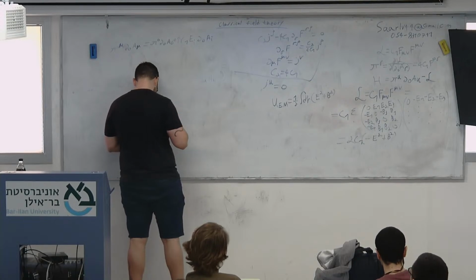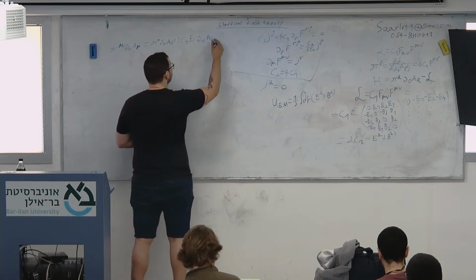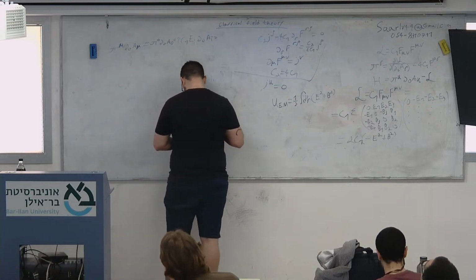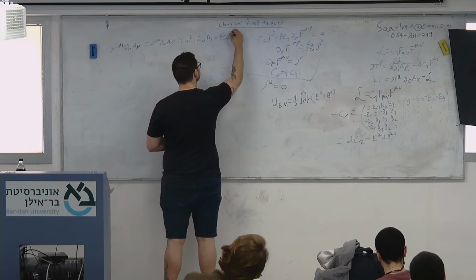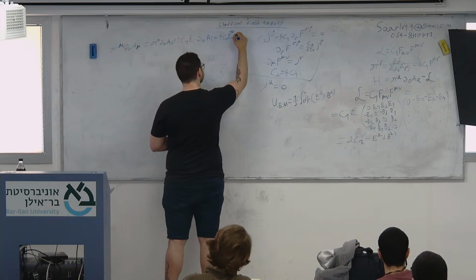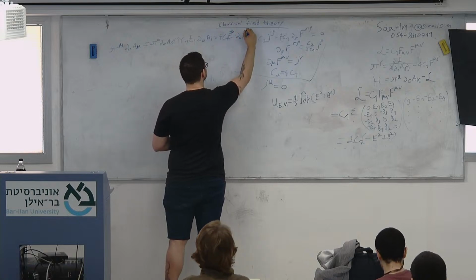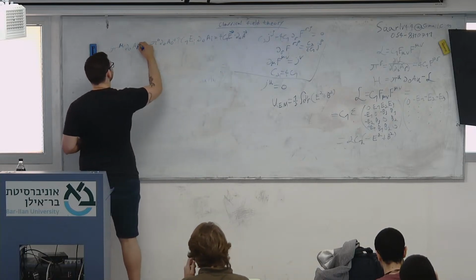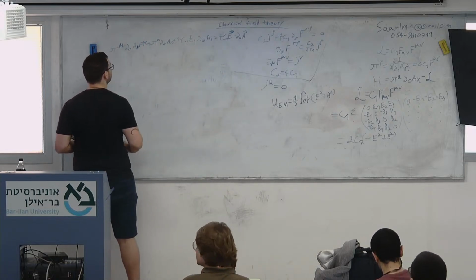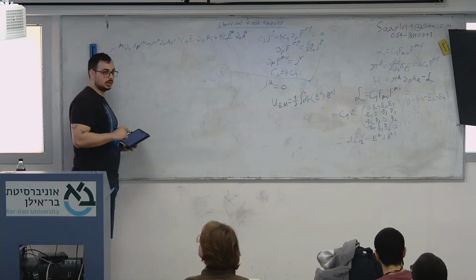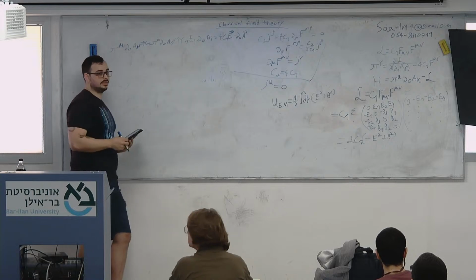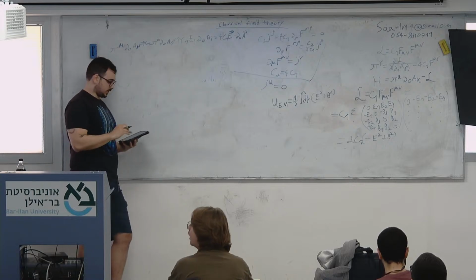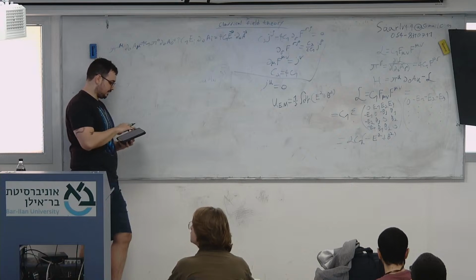Second. This term, the derivative in time of our scalar field, because we're in a vacuum, would be by definition 0.